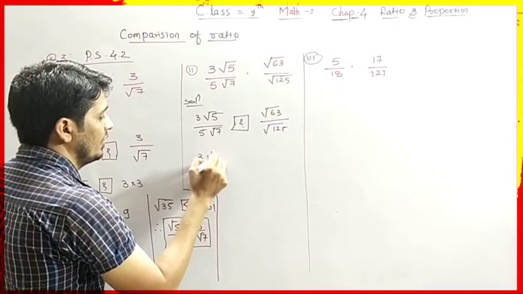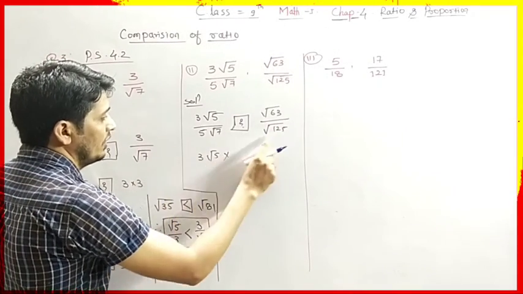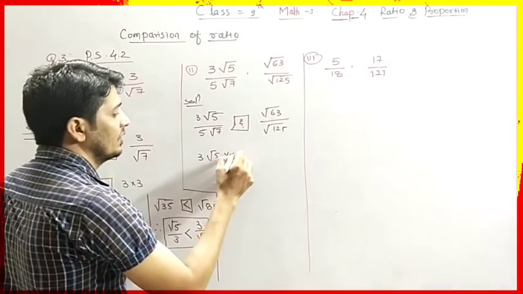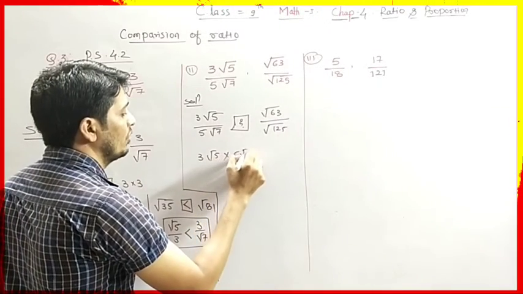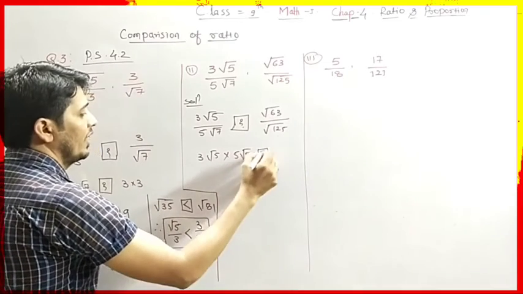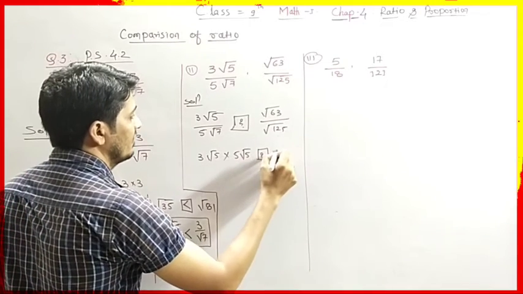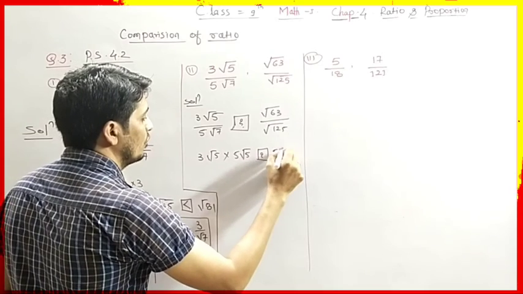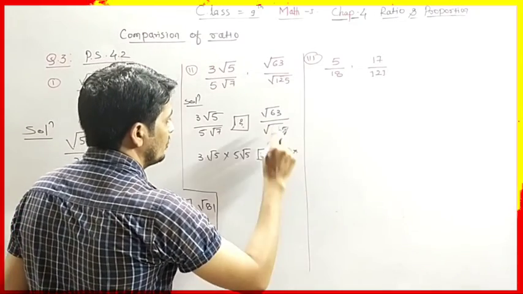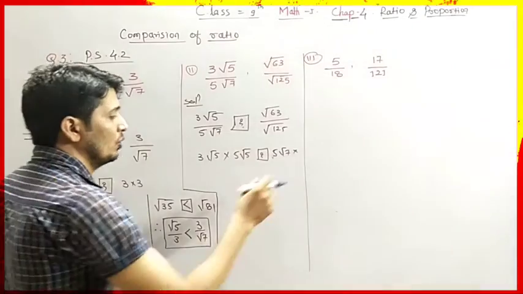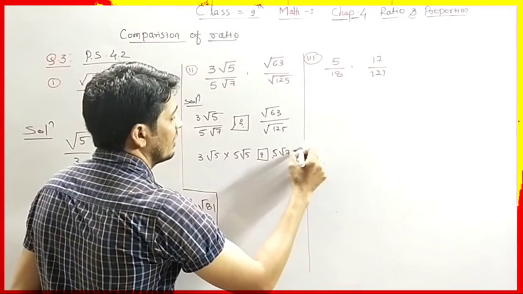So 3 root 5 into, see, root 125 is 5 root 5. Again in the box we write a question mark, and here we have 5 root 7 into, see, root 63 is nothing but 3 root 7.